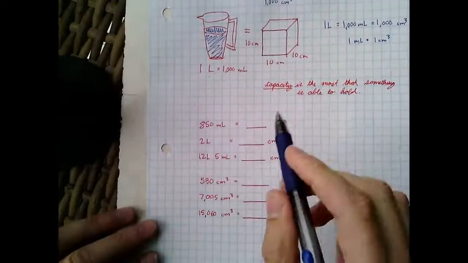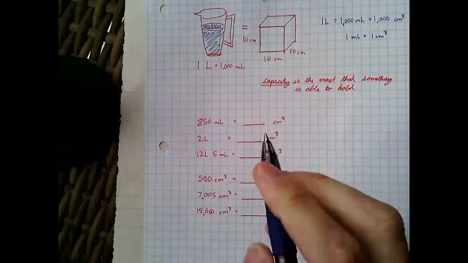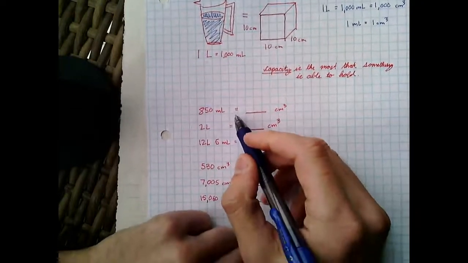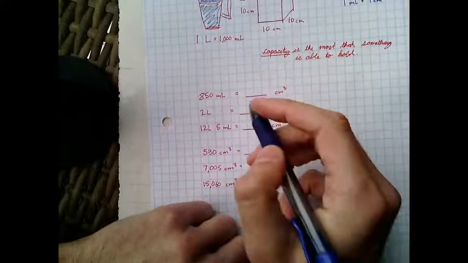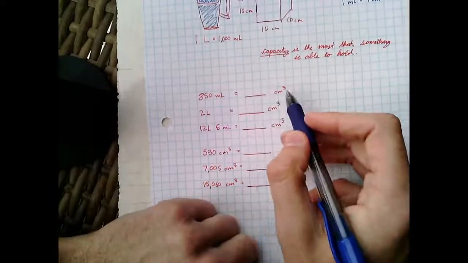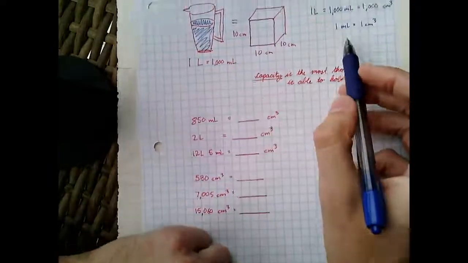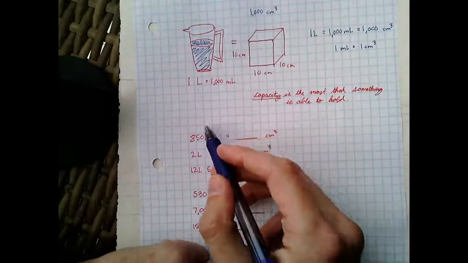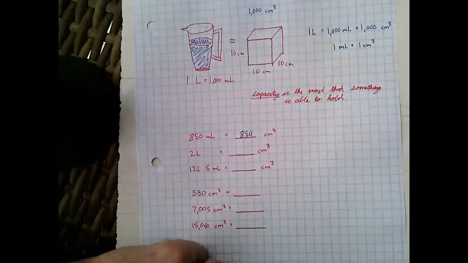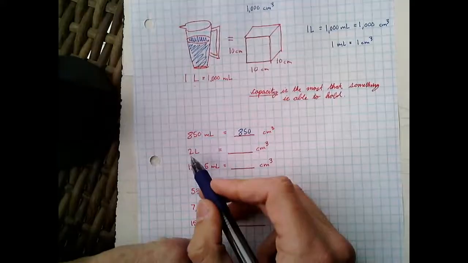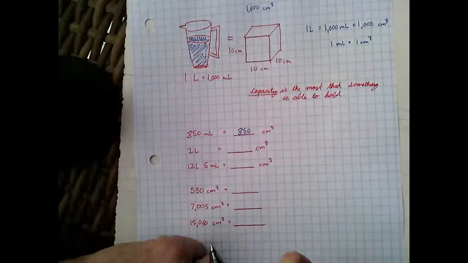So at the end of this section, and the last thing we'll do for today before you start your homework, is just converting milliliters or liters to centimeters cubed, or the other way around. So 850 milliliters would be how many centimeters cubed? Remember that 1 milliliter is equal to 1 centimeter cubed. So this would actually simply be 850 centimeters cubed. Simple enough. What about 2 liters to centimeters cubed?